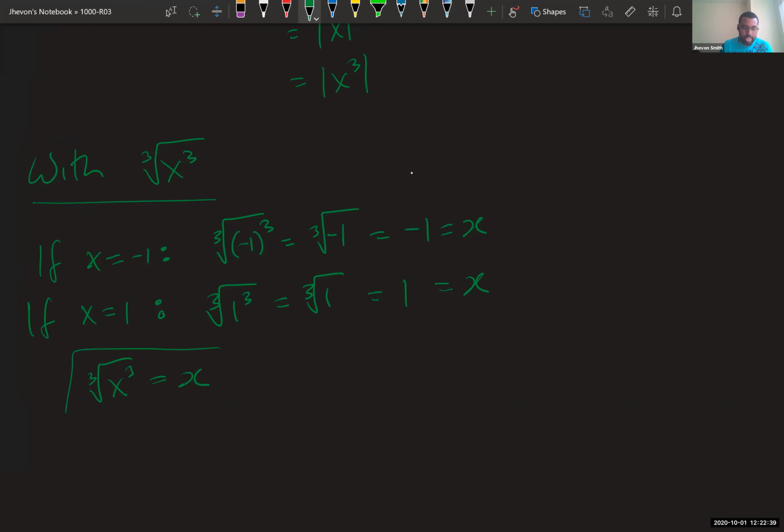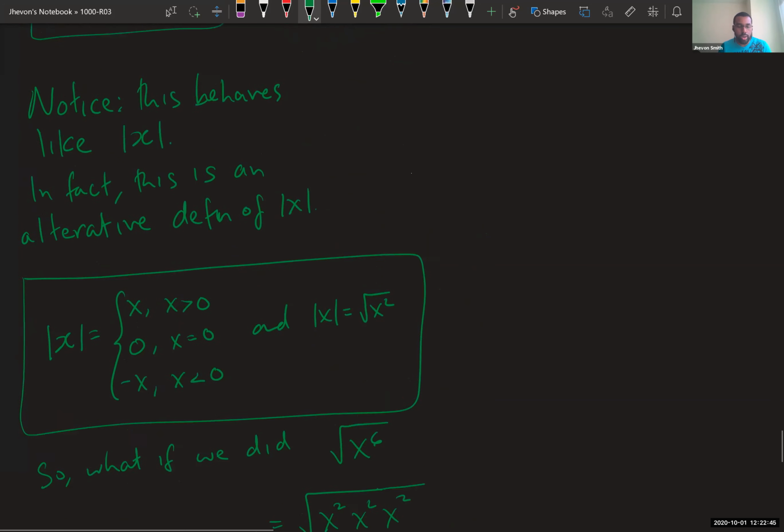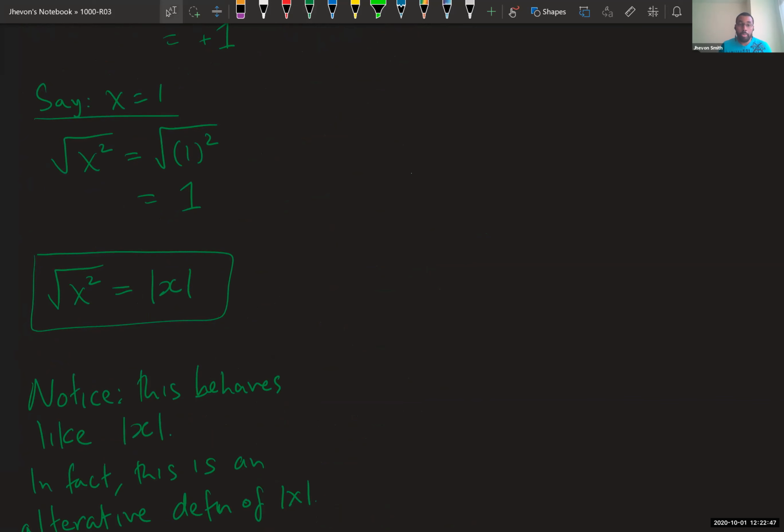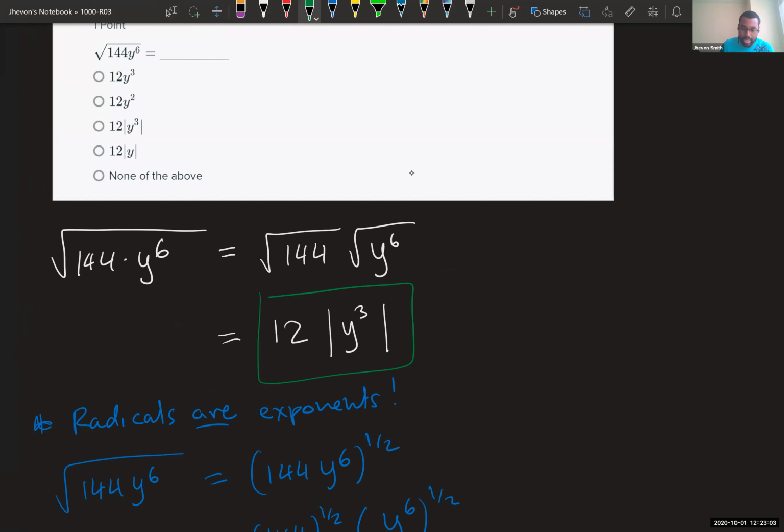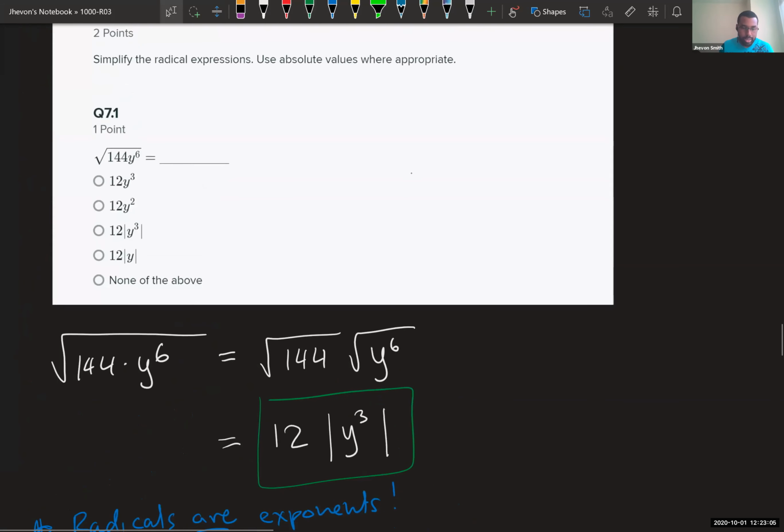The cube root of x cubed is the same as x. Whatever I plug in, I will get out. This is not true with the square root of x squared. If I plug in a -1, a +1 comes out. It changes the sign. In fact, if I plug in any negative number, the positive value for that number comes out. That's exactly what an absolute value does. And yeah, that's why this is the answer. And that's why this is the answer.